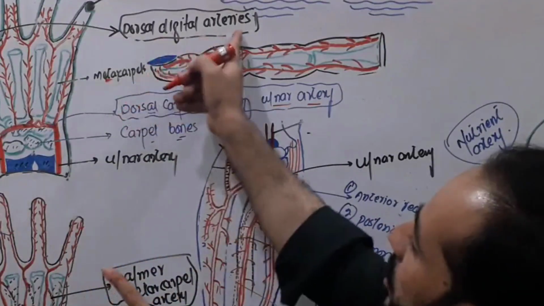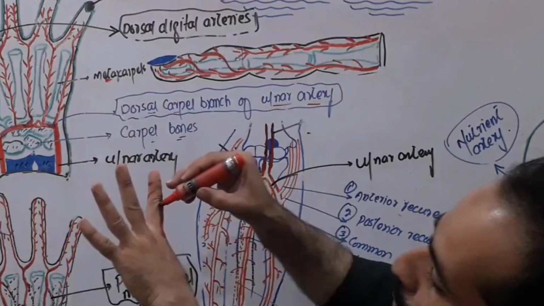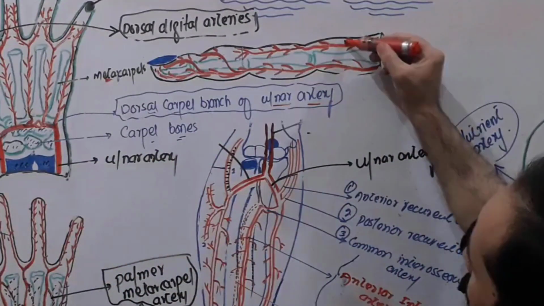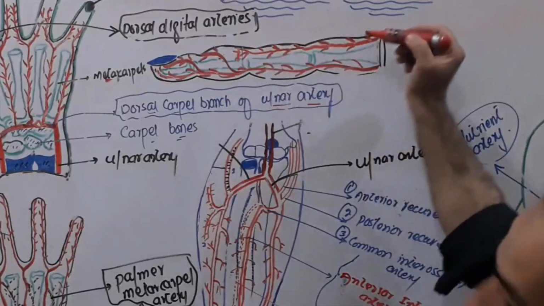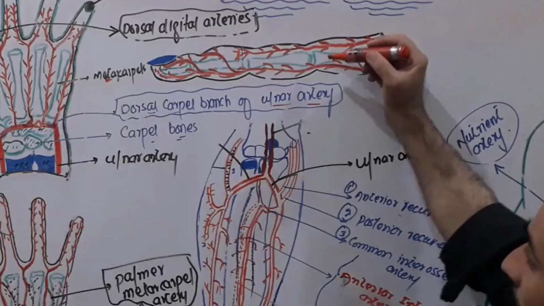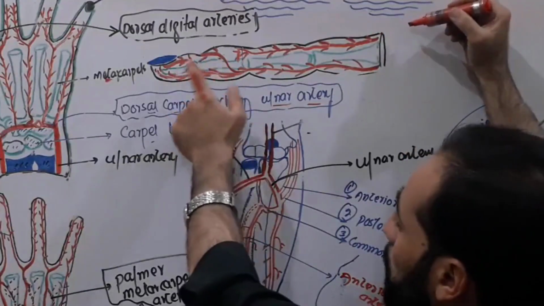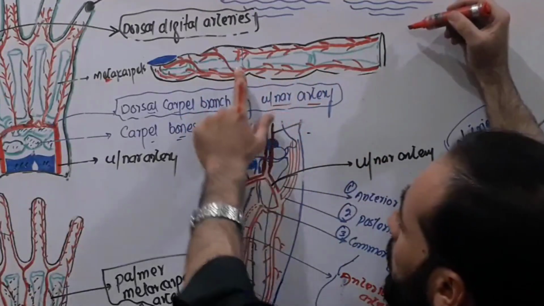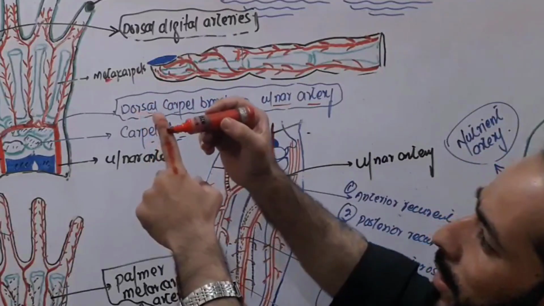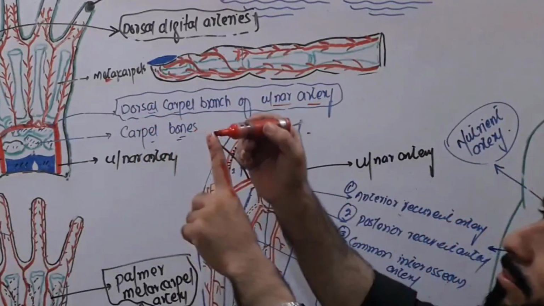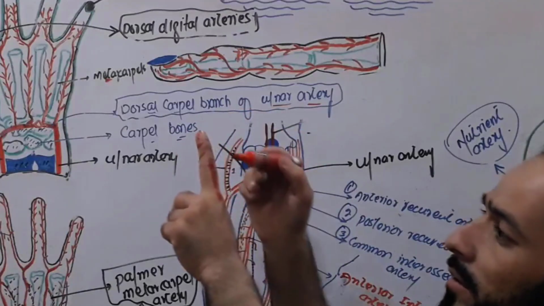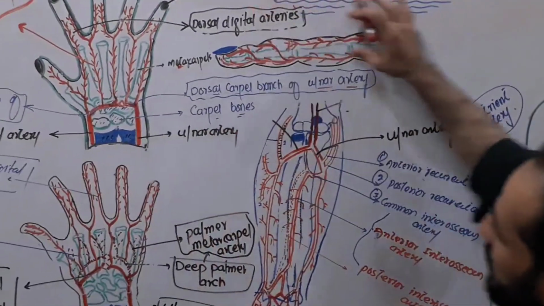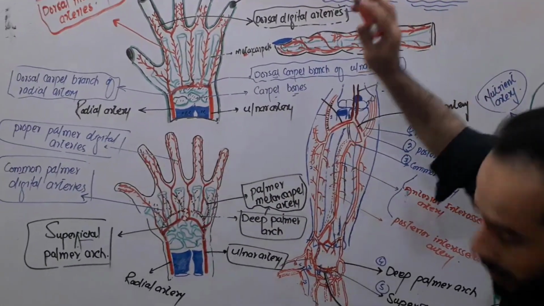And the dorsal digital artery comes like this up to here, up to the proximal phalanx, and the distal and middle phalanges are supplied by the proper palmar digital artery, which gives branches that come to the dorsal surface like this and supply the middle and distal phalanx, right? So this was a little bit confusing point which I have cleared.